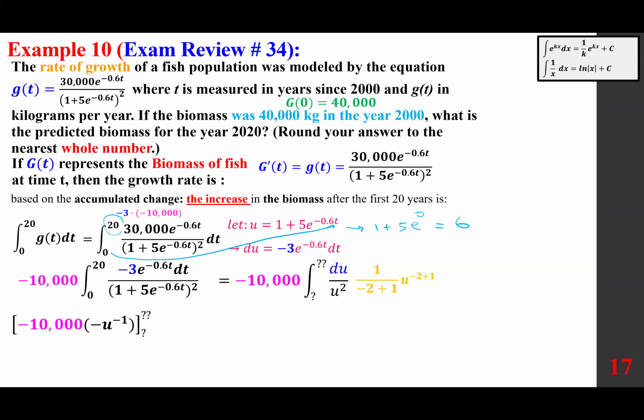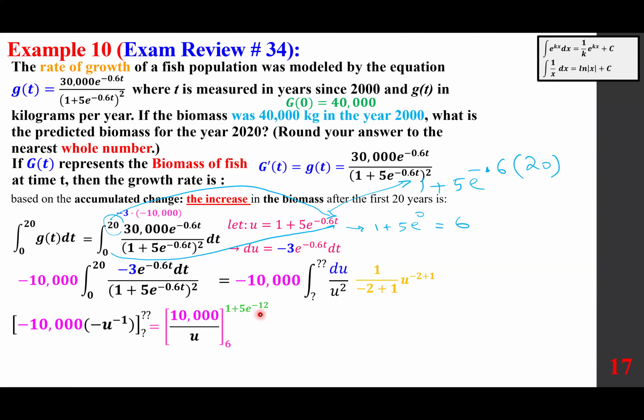If I put 20 here, I get 1 plus 5 e to the power of negative 0.6 times 20. Their product is negative 12. Therefore, the lower limit, 5 plus 1, is 6. The upper limit is 1 plus 5 e to the power of minus 12.